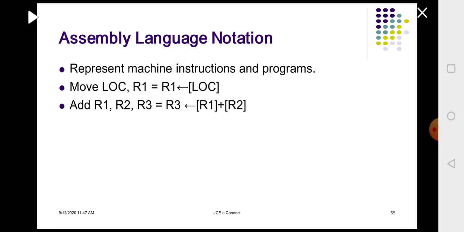When ADD R1, R2, R3 comes to the processor, it will be converted into the appropriate machine language in terms of zeros and ones. Then the processor will understand what operation needs to be done. But for a programmer, it is difficult to write the program in zeros and ones, so we write in English-like words called mnemonics.